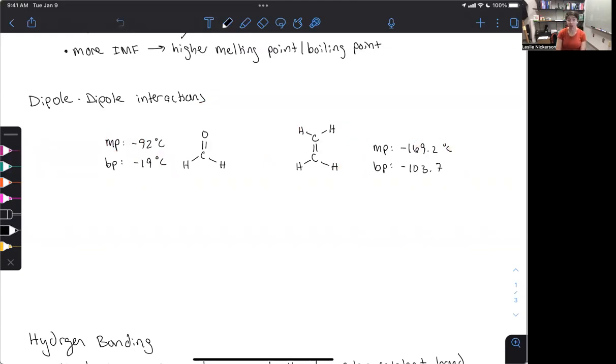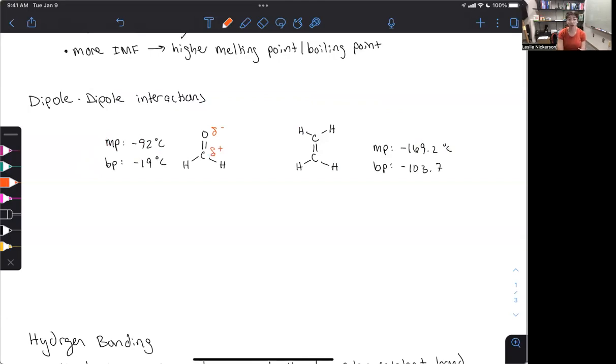If you just compare these two, ethylene is significantly lower in terms of melting point and boiling point. The reason for that is those dipole-dipole interactions. Obviously you can't have a dipole-dipole interaction if you don't have a dipole to start with. The way that you get a dipole is you've got two different elements of differing electronegativities forming a bond together. An oxygen is more electronegative than a carbon.